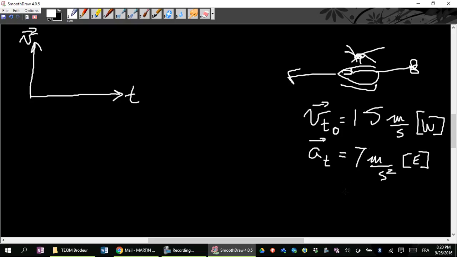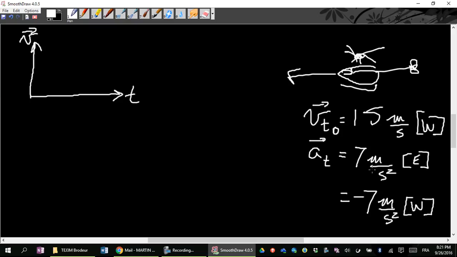So I can rewrite it as being -7 meters per second square, but now it's west. Or alternatively, we could switch this to a negative velocity going east. It makes no difference for us. So we'll just assume that this is west here.